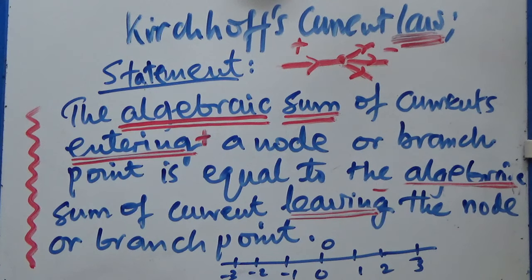In physics, it's a law. We follow it, we use it, we get to solve other problems. If you bring in your argumentative mind in physics, then you'll have problems.